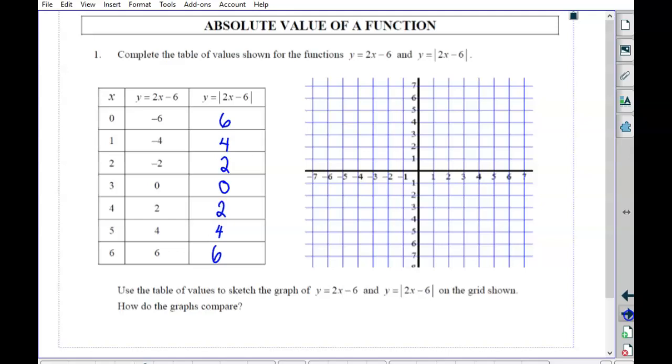The original is in slope y-intercept form. Do you even need a table of values? No, because we know the y-intercept is negative 6 and the slope is 2. So up 2, right 1, up 2, right 1. We can fill in a bunch of points.